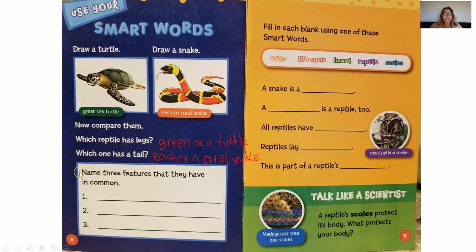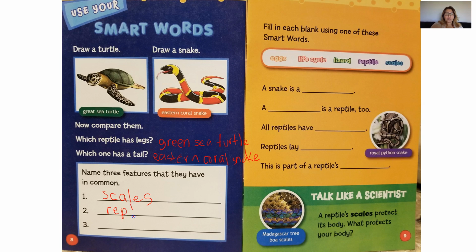Okay. Now it says name 3 features that they have in common. Well, what do they have in common, boys and girls? Well, we know that they both have scales. Okay. They both have scales. And what else? What do they both have? What else could we say that they both have? They have scales. And could we say that they are both reptiles?